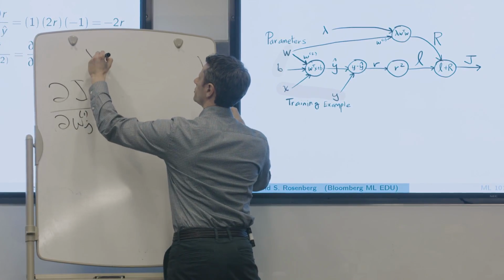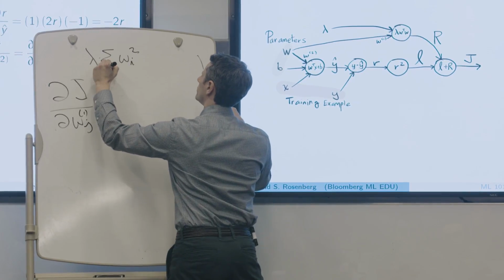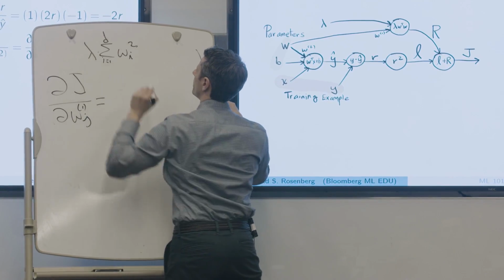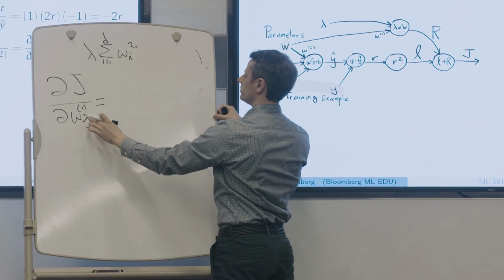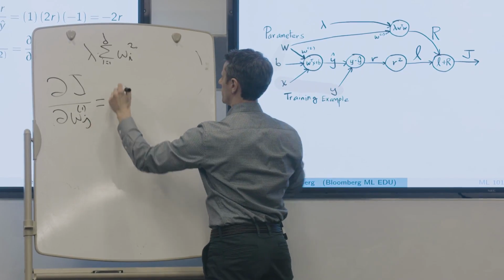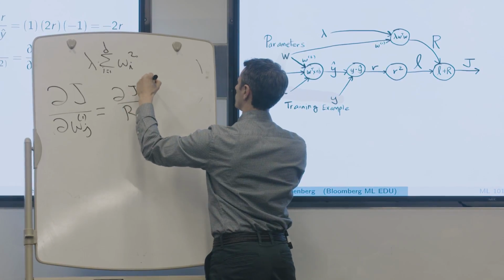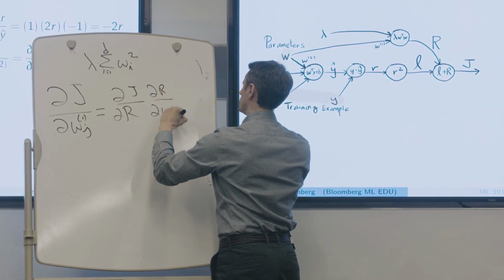So lambda W transpose W is lambda times the sum of W_i squared, basically i equals 1 to D, I think D is my dimension. I forget. All right, J with respect to W_i, let's trace through the graph. That's J with respect to R times R with respect to W_j1.